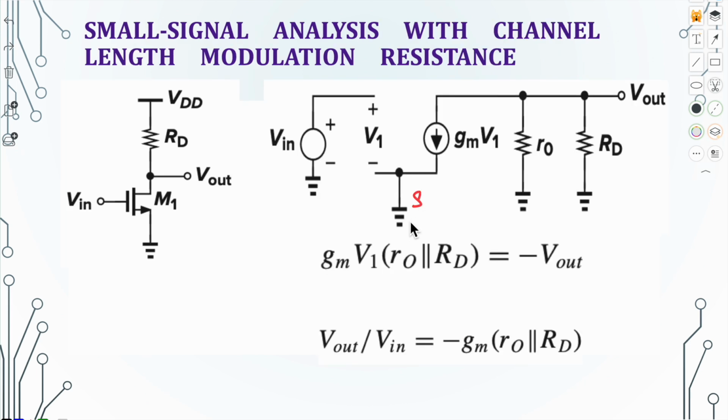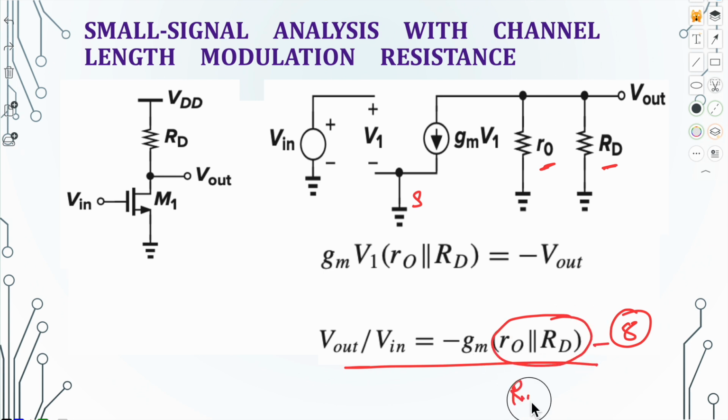Since the source terminal is grounded, this channel length modulation resistance and the load resistance RD become parallel, and in the final expression of voltage gain we have minus gm times RO parallel RD. So this one is our final expression for the gain of the common source amplifier with resistive load.